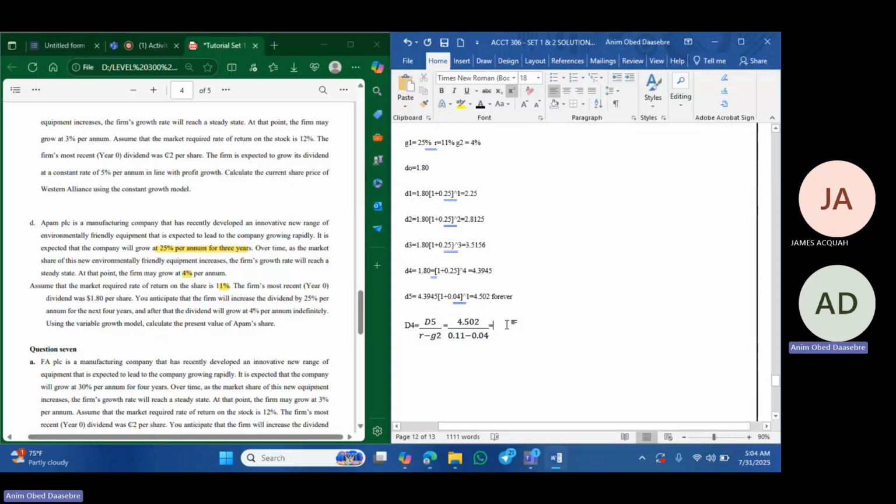So when you put this into the calculator, you get 65.29.